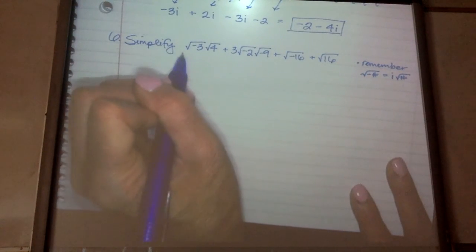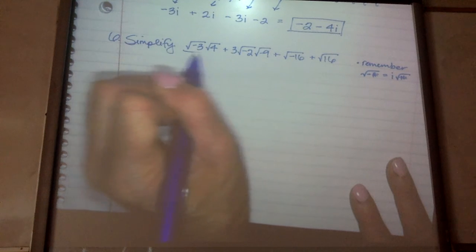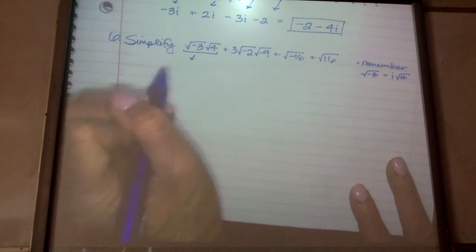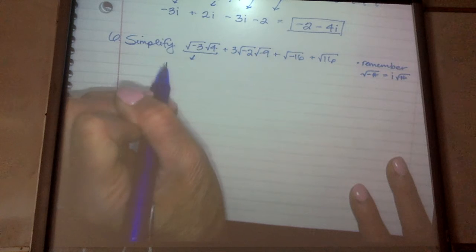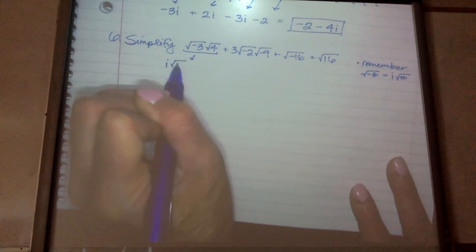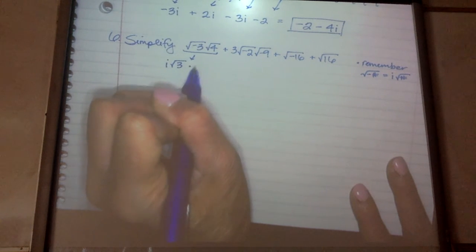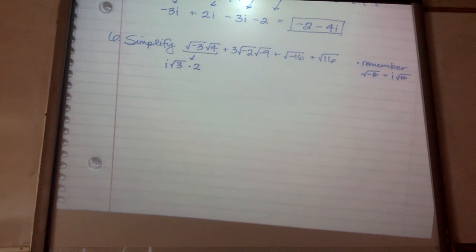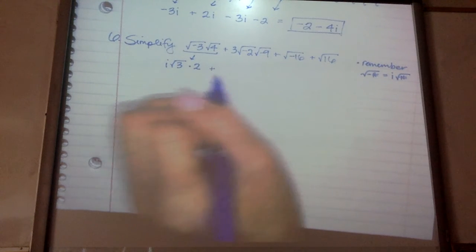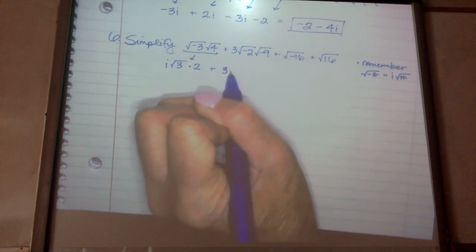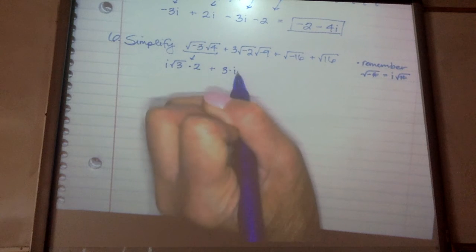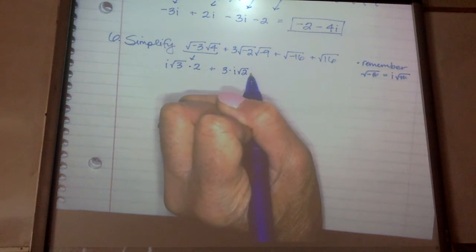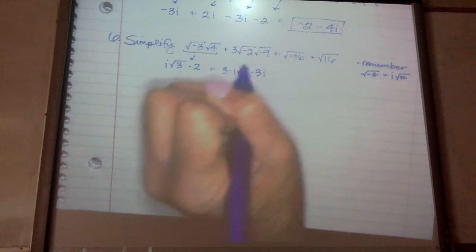Here we go with this term. I'm going to start here. That gives me i square root 3 times 2, because the square root of 4 is 2. I simplified that part and that part. Plus, this would be 3 times i square root 2 times 3i.